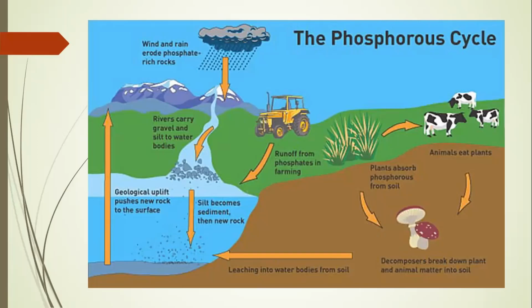And then those phosphates contribute to the inorganic cycle, which is represented largely at the bottom of the ocean. And on the right-hand side, you'll see a circle represented here with plants, which absorb phosphorus from the soil. Animals eat the plants. Animals then die. They're decomposed by microbiology, fungi, bacteria.